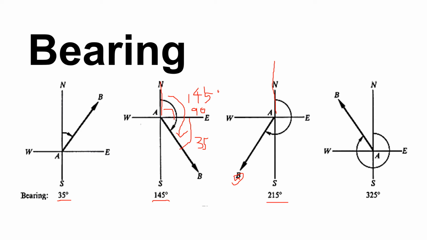And on the last example, on the previous slide, this was written as 35 degrees west of north, or north 35 degrees west.